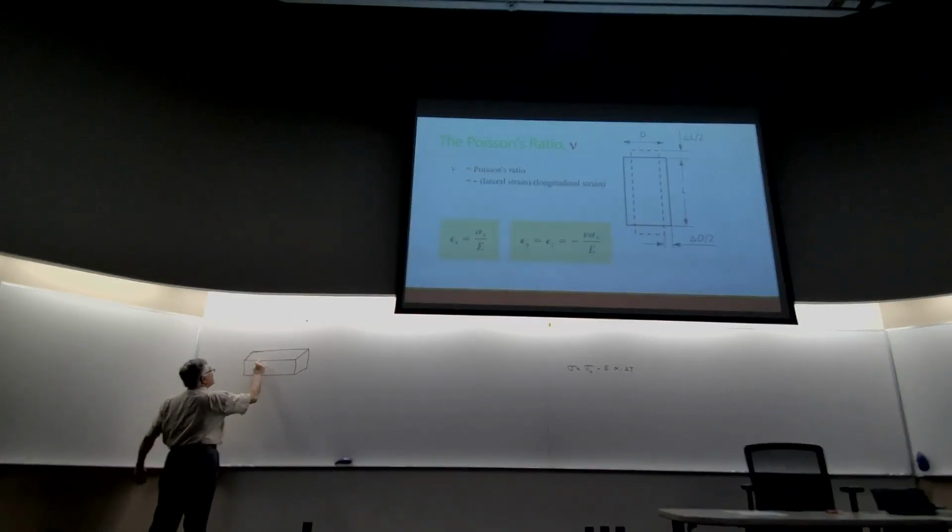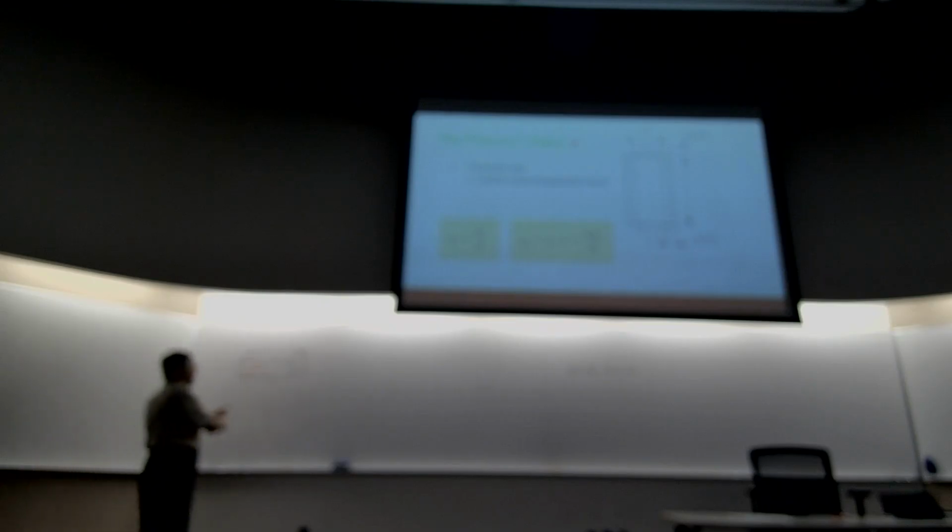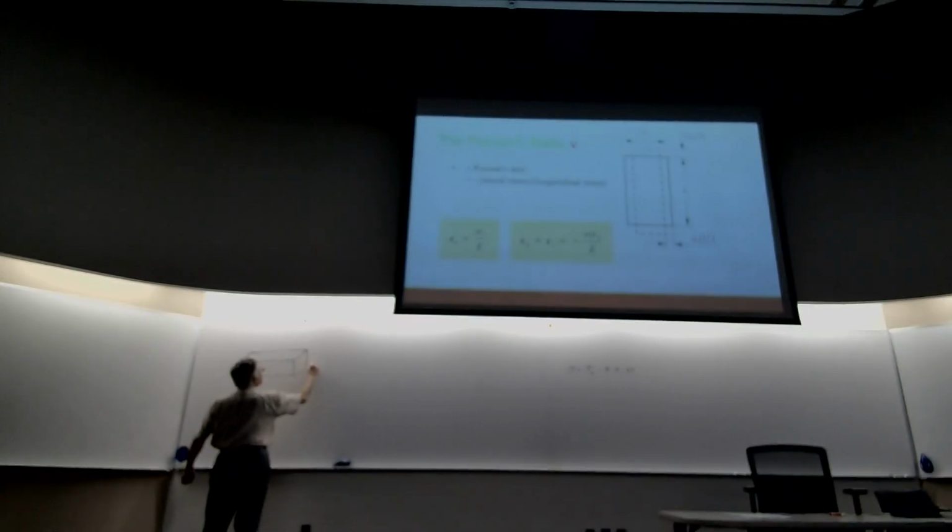Y would be usually going up, and Z will come out of the board. So axial means along the length of the material. If we apply a force P here, and the same force here in the opposite direction, both of these forces result in tension.